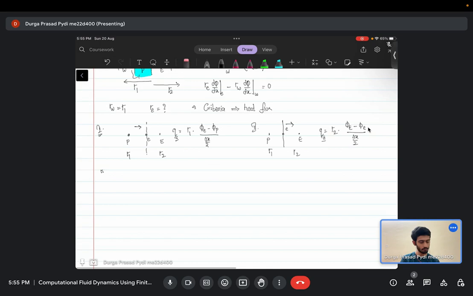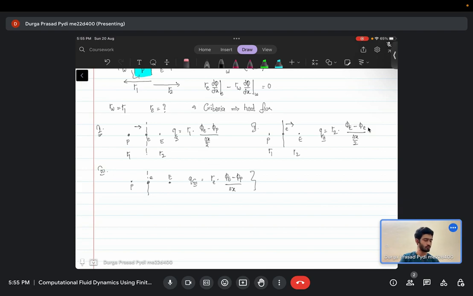Alternatively, there is a third approach where you have this as a P cell, this as my E cell, E phase, and this is my E cell. I can write Q3 as gamma, I don't know what is the value of gamma that I have to choose, times phi capital E minus phi capital P by delta x. This is the equation that we have been following till now.